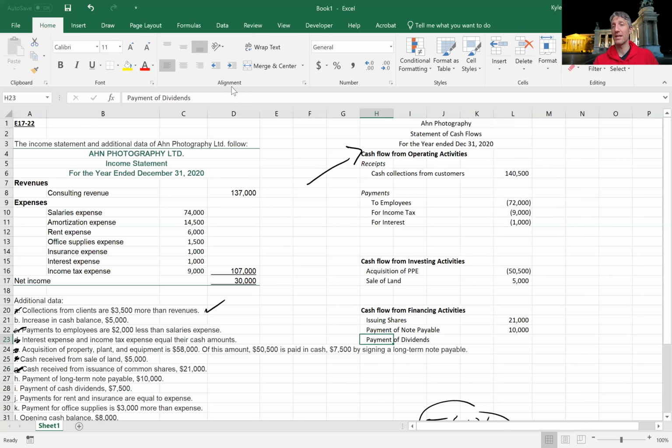However, dividends are paid out of after-tax income. Remember, it comes out of retained earnings. So since it's paid out of after-tax net income, it's not reflected in net income, and therefore it's included in a financing activity section. So payment of dividends is going to be a cash outflow of $7,500.